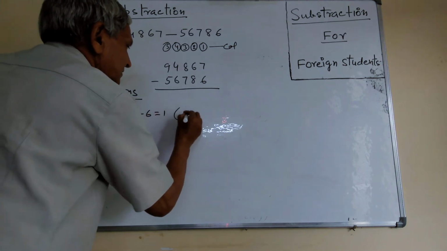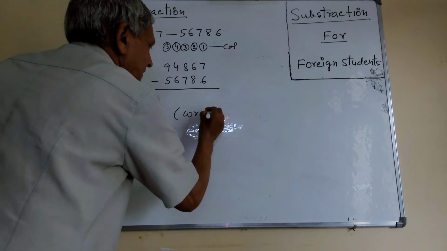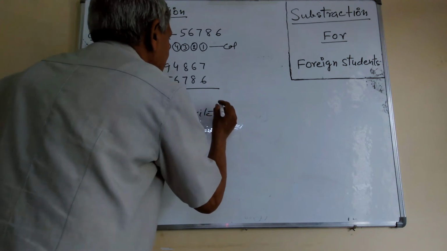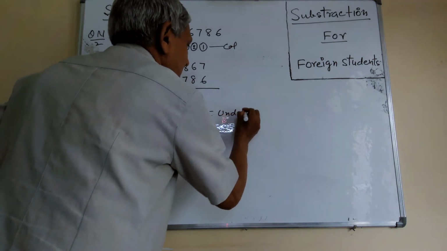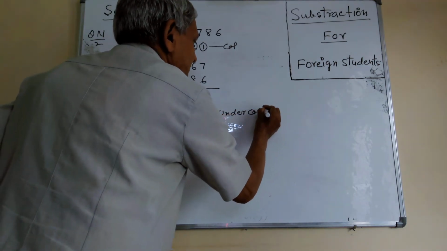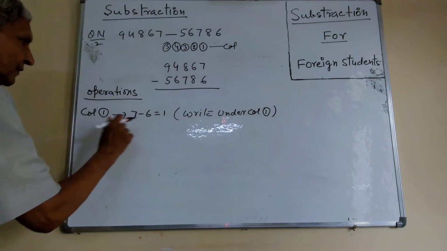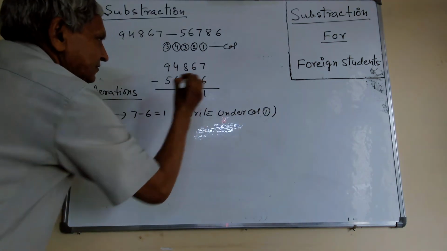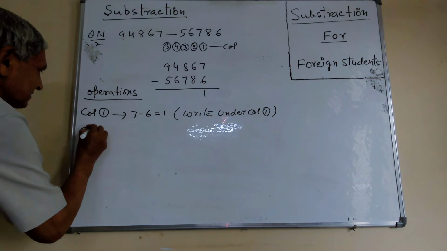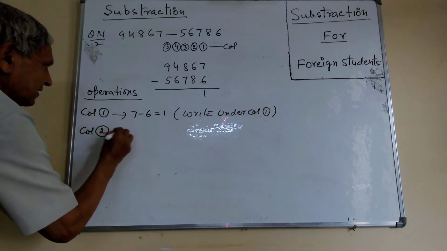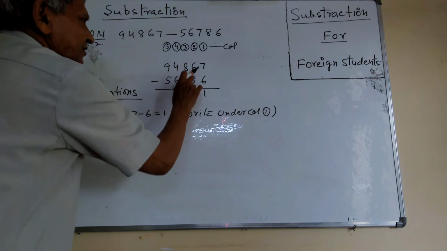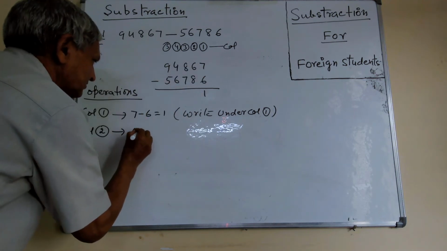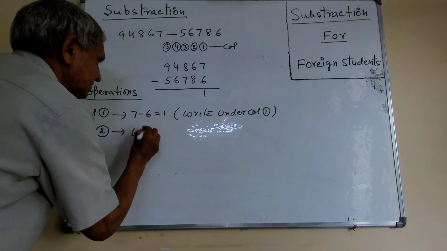So write it under column first. Now column second. In column second, we have to subtract 8 from 6. 6 minus 8.